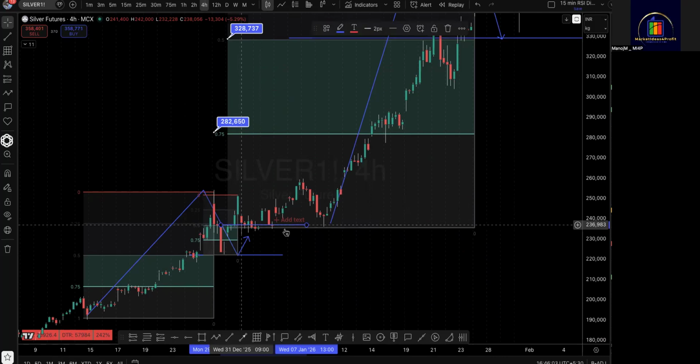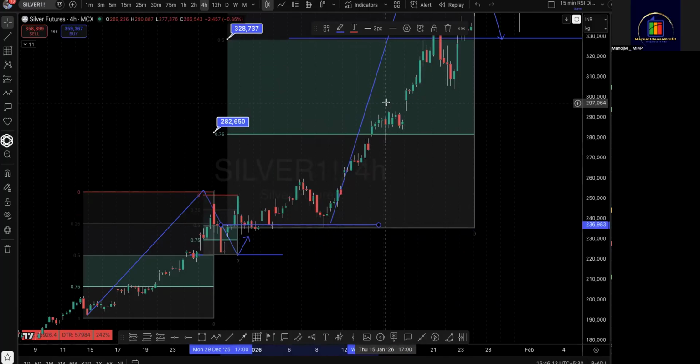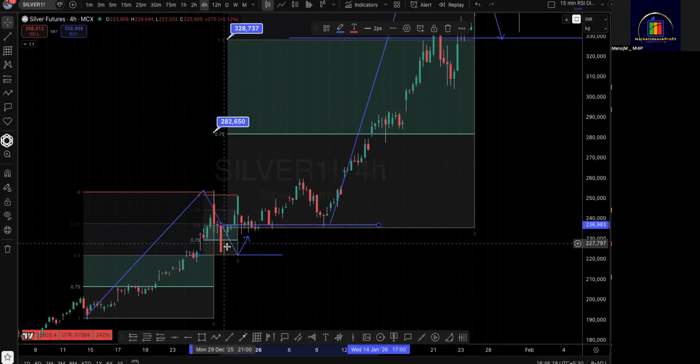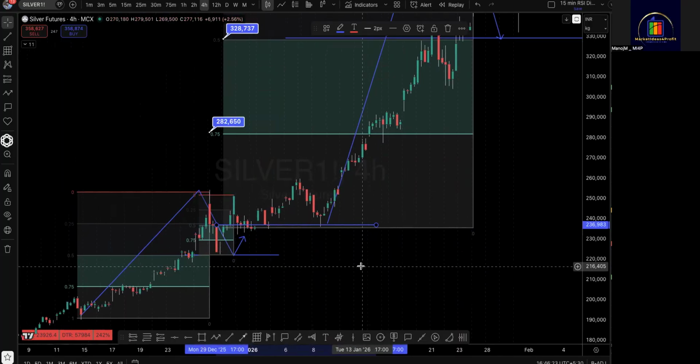But again, see how beautifully at the 50% level the prices have taken support, multiple supports, again it took support, again it took support, and zoom it went. So these are beautiful illustrations of how silver is reacting at the 50% level and moving higher.